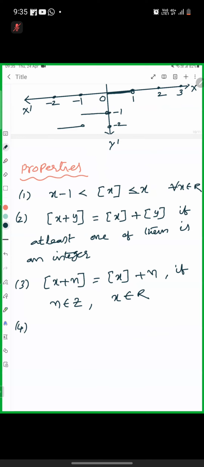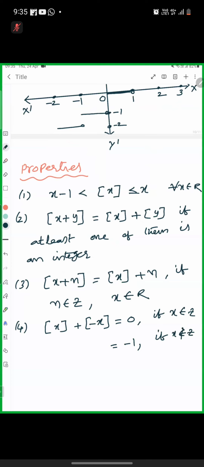And coming to the fourth property, this is very, very important. Integral part of x plus integral part of minus x is 0 if x is an integer and is minus 1 if x is not an integer. See this.